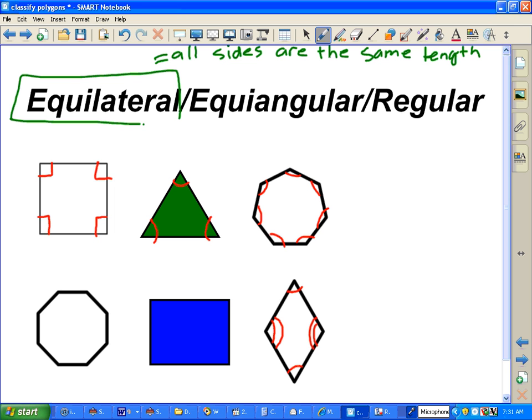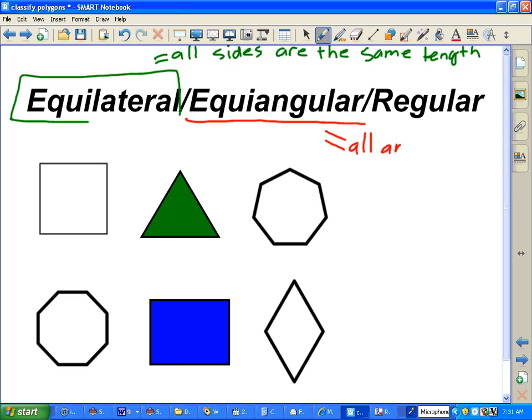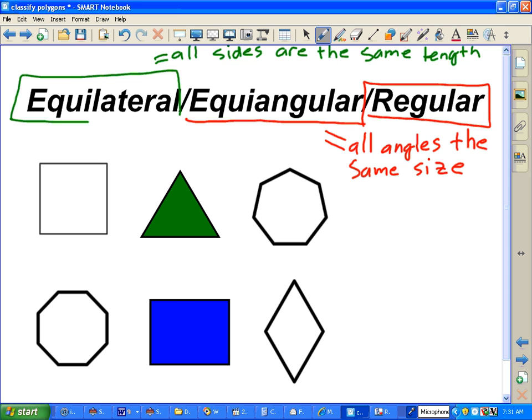Now, for a figure to be regular, let's label everything here. Equiangular is all angles the same size. Now if I'm looking at regular figures, a regular figure means that it is both equilateral and equiangular at the same time.